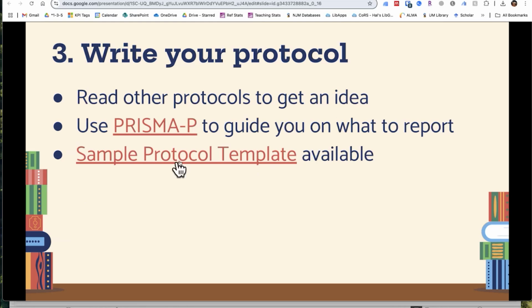And what I say when I'm trying to guide people on how to write a protocol is that often the best thing to do is to look at other people's protocols to get an idea of what they include. There is a lot of variation in them. There are just differences in terms of quality, but the PRISMA-P reporting guideline will show you what you want to report on when you're doing a protocol.